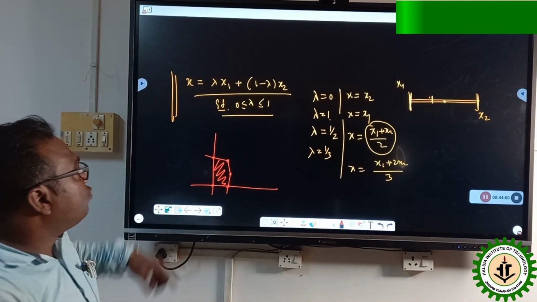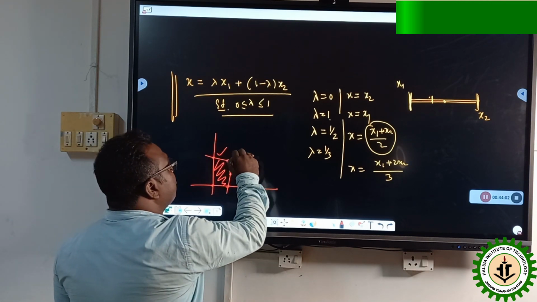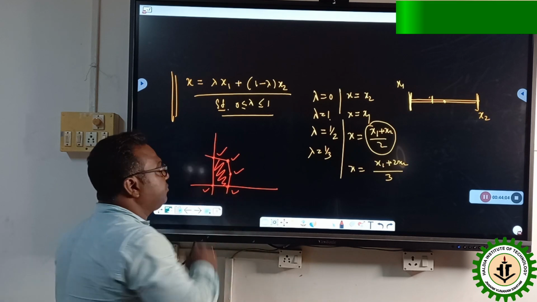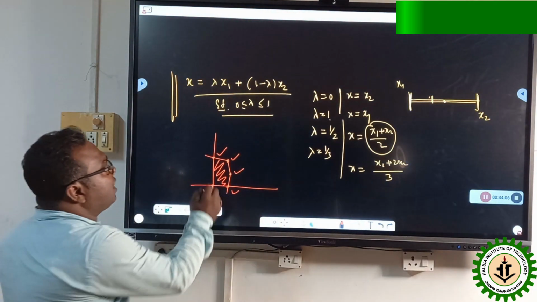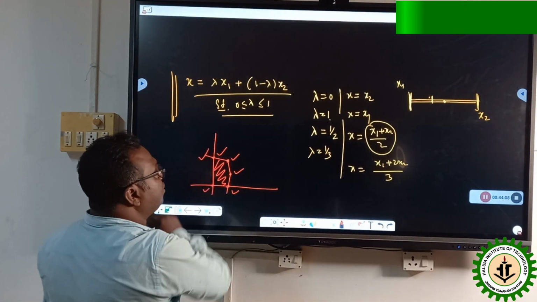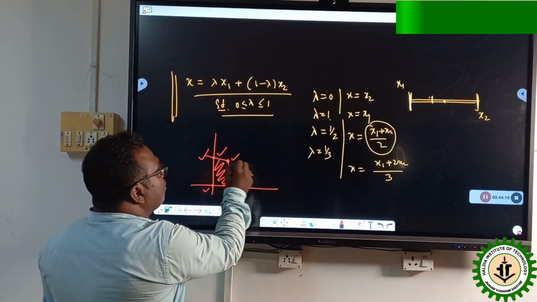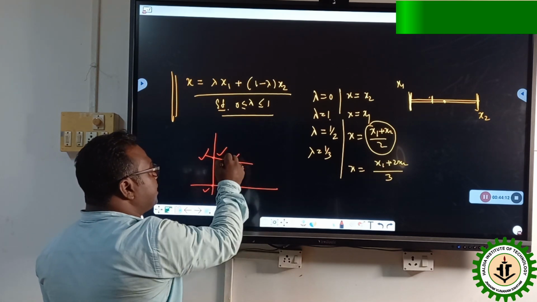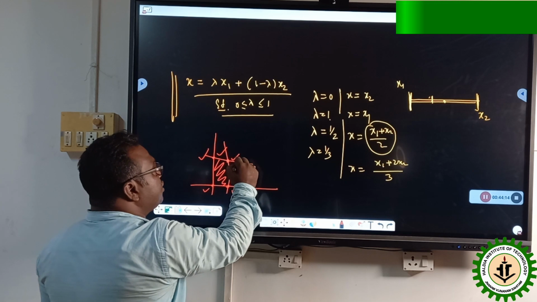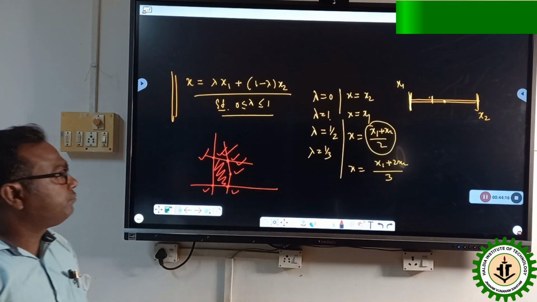So we have to find out the coordinates of these points. We have already found this coordinate. Now, to find the coordinate of this point, we have to solve these 2 line equations.